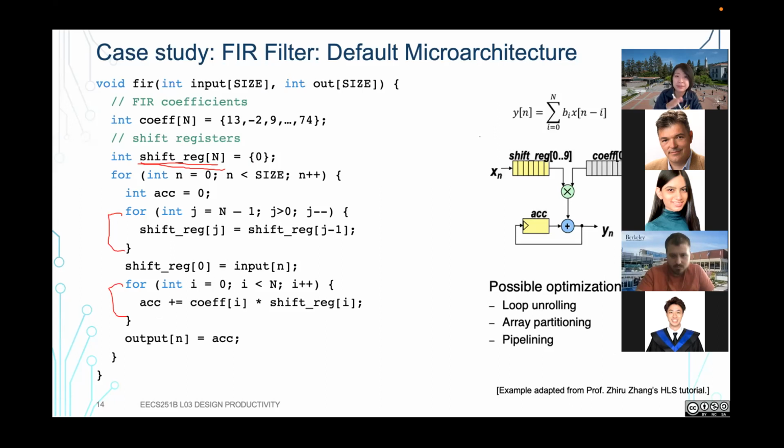If we do this without any pragma, it can be directly synthesized into a sequential implementation of the FIR filter, with a multiply and accumulate, storing the result to our local register, plus a shift register and coefficient register.